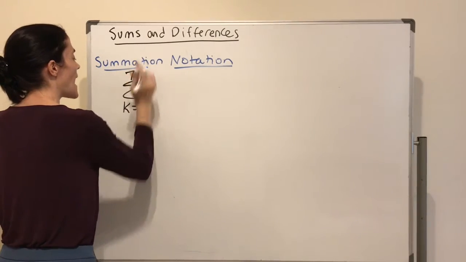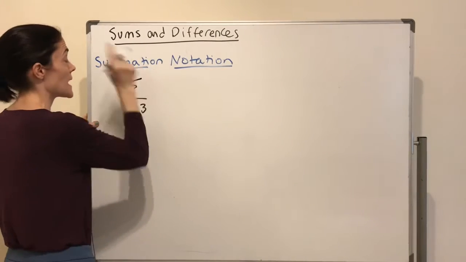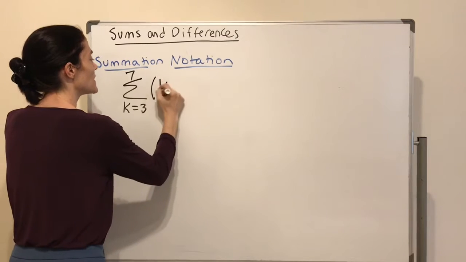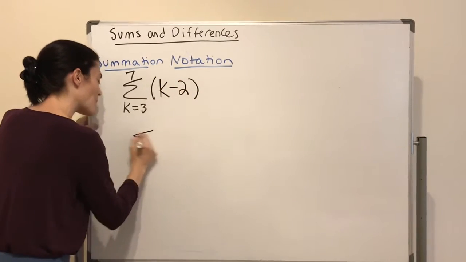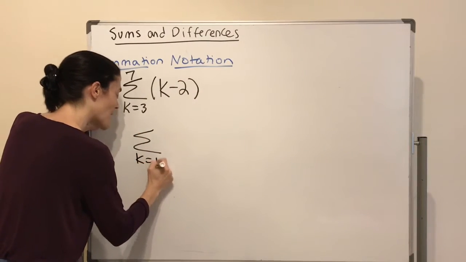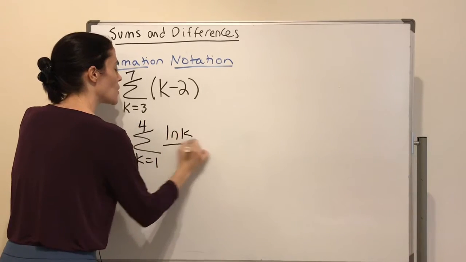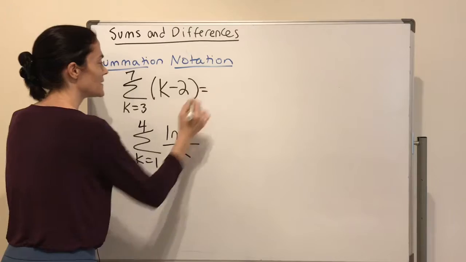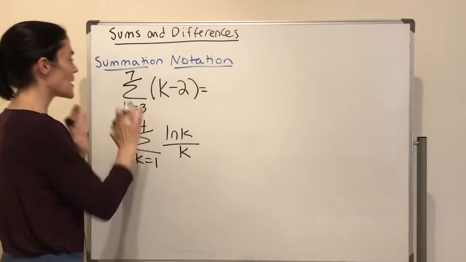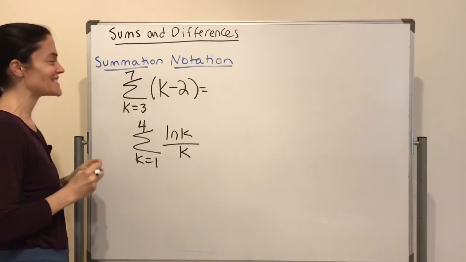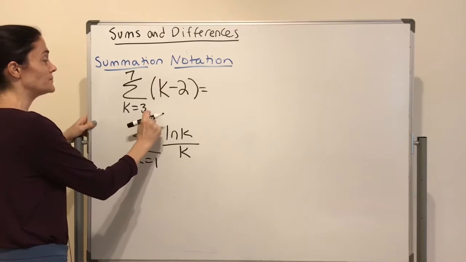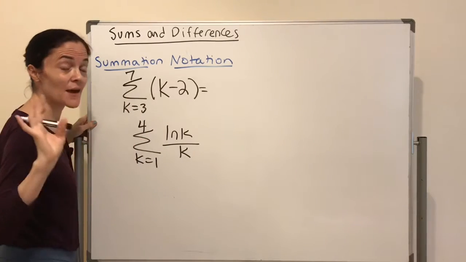Let's say we add from k equals 3 to k equals 7 of k minus 2, or we add from k equals 1 to k equals 4 of ln k over k. And what are these? Well, both of these are summation notation, but this is a finite sum.